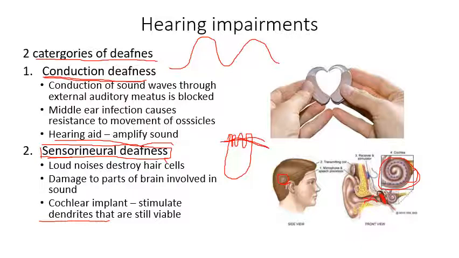So when mom said, don't listen to loud music, you're going to lose your hearing, she actually was right in a way. That would be a form of sensory neural deafness because the damage is happening to the sensory cells. Once these cells are damaged, they don't get replaced, and you would have less ability to hear those sounds.